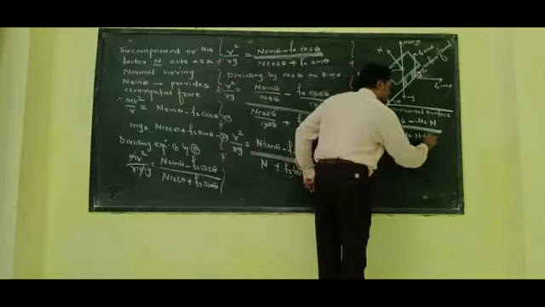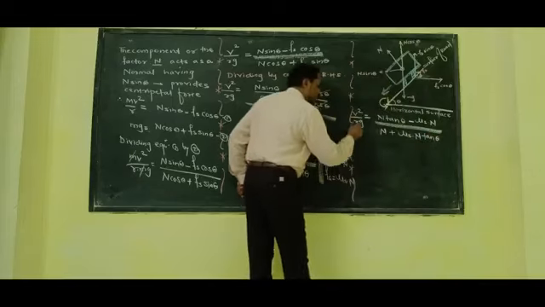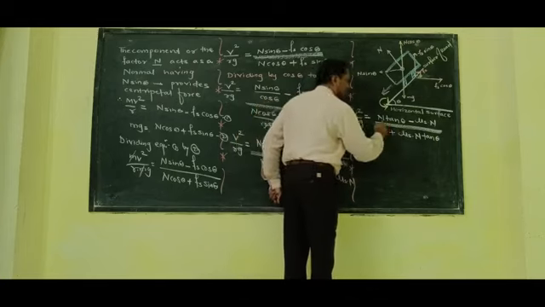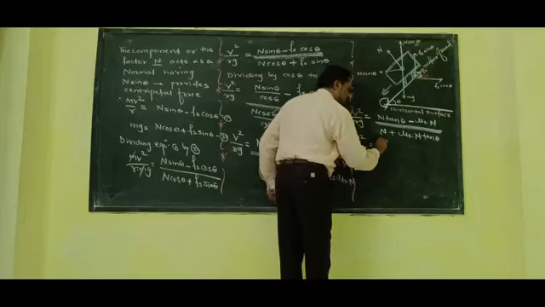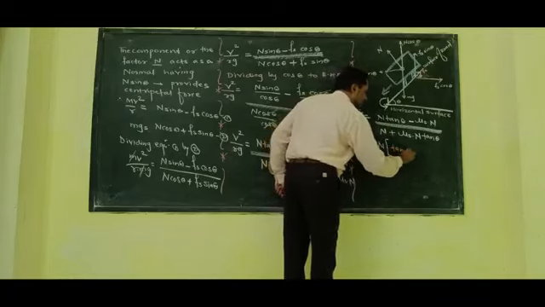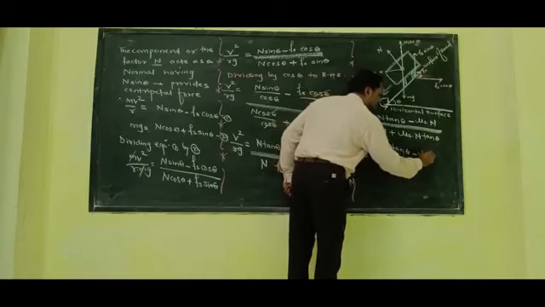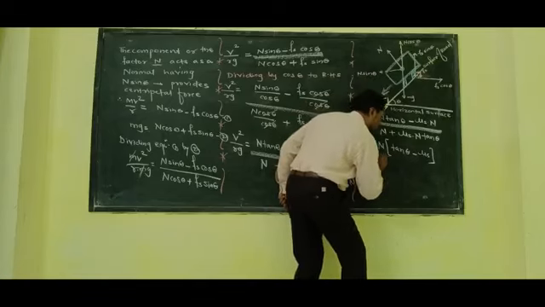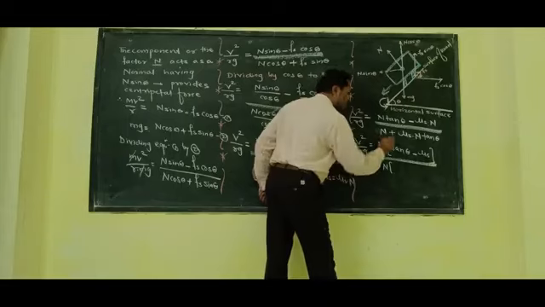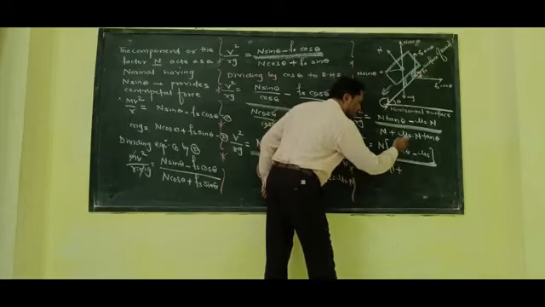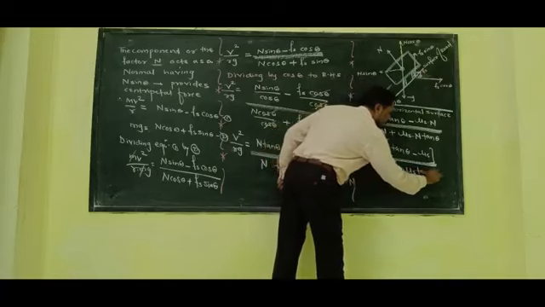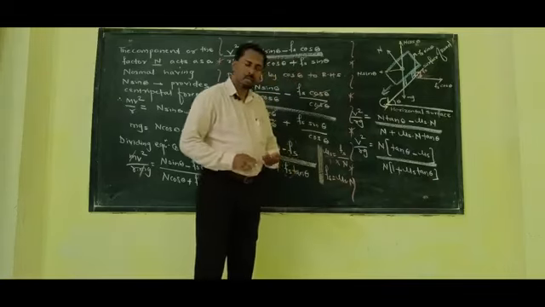V square by rg as it is. What can we take common here? We can take n factor common. What remains in the bracket is tan theta minus mu s. Again the thick line, divided by n factor common, what remains there is 1 plus mu s tan theta.